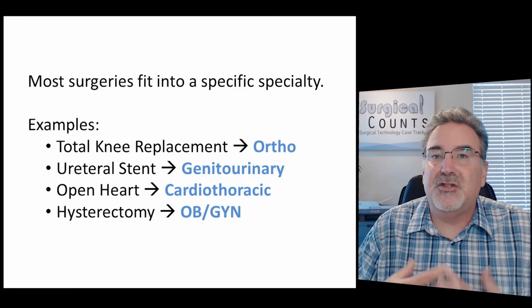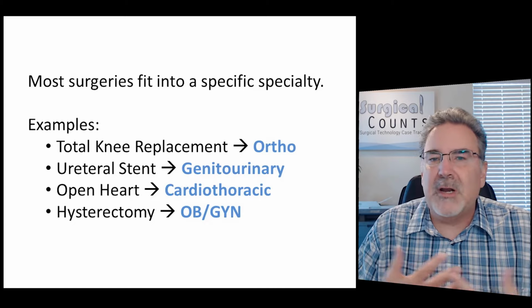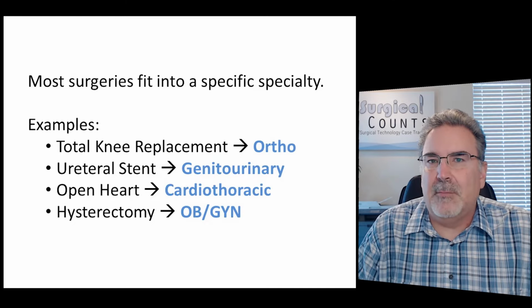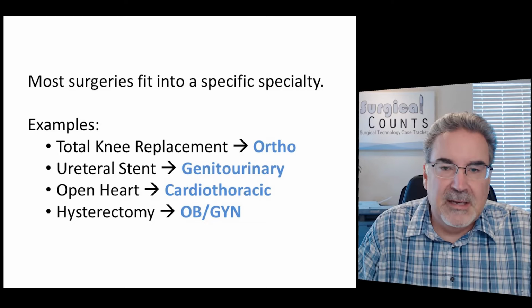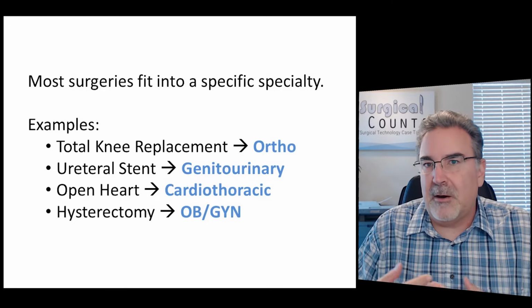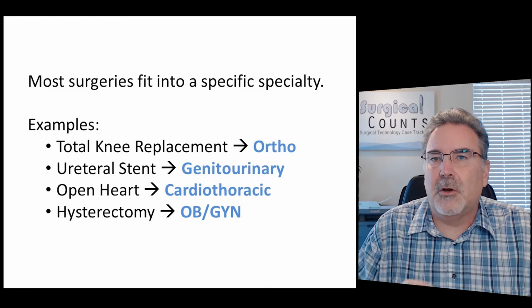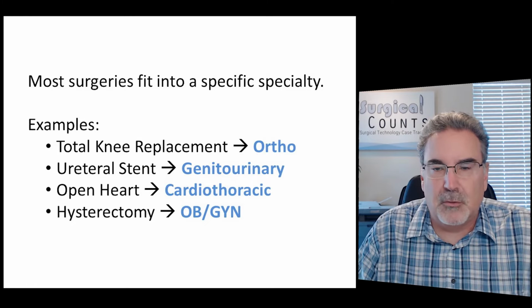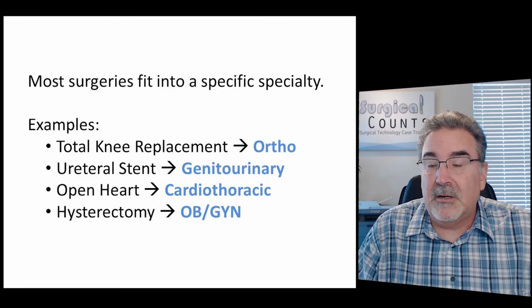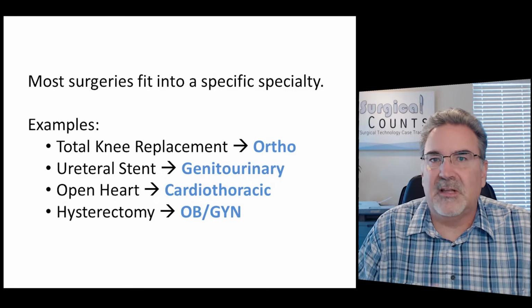Now, it used to be that general surgeons could do pretty much any kind of surgery, but what's happened over the years is that certain surgeons have specialized in some surgeries and they've gotten better at certain procedures. So an ortho surgeon is going to be doing things like total knee replacements and shoulder surgeries. Genitourinary surgeons are going to be doing things like ureteral stents.